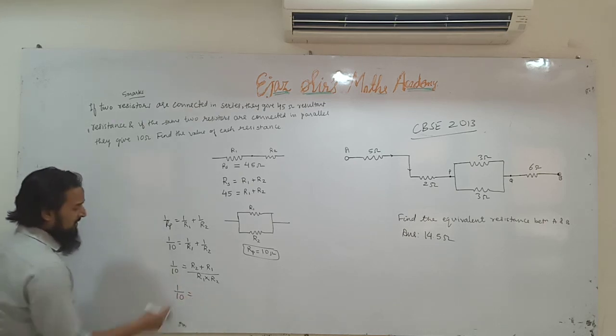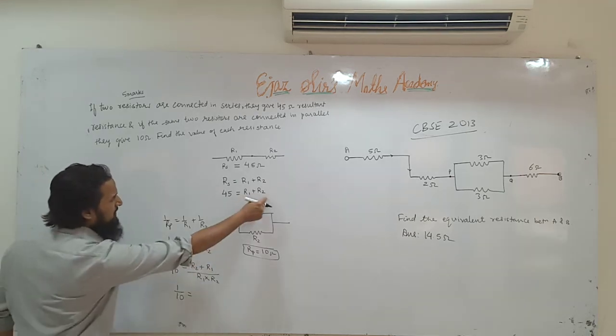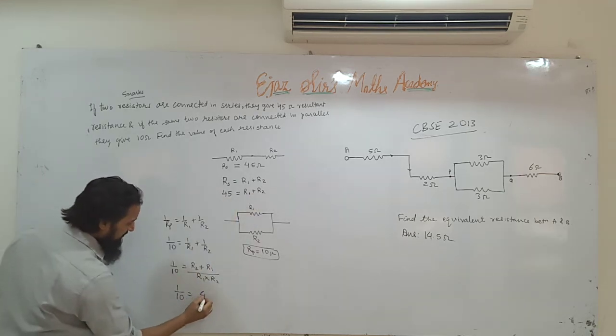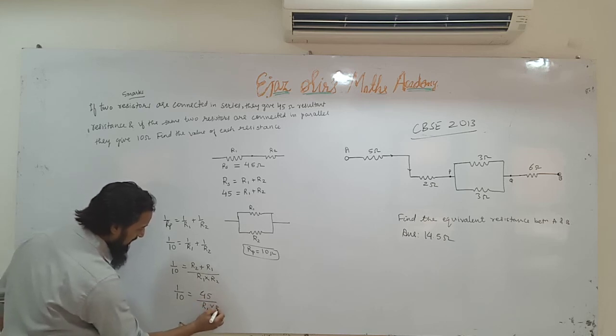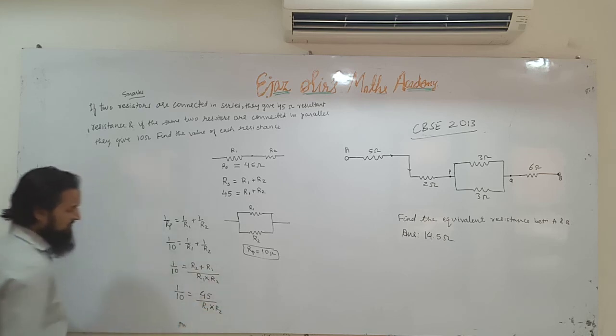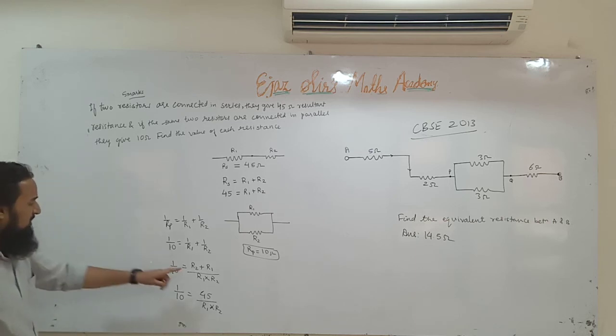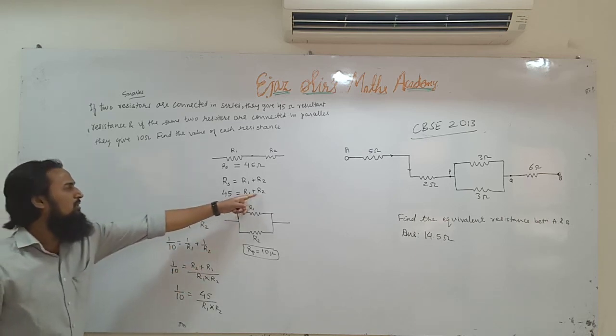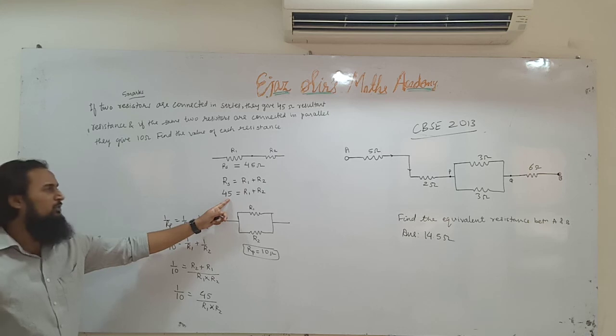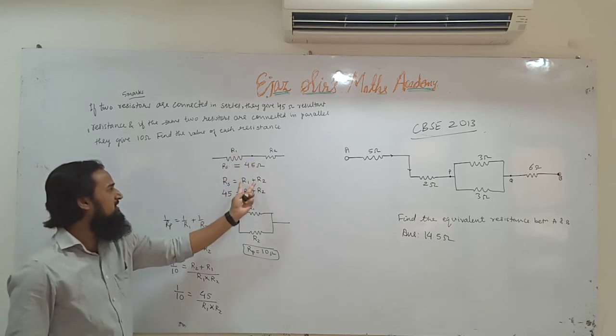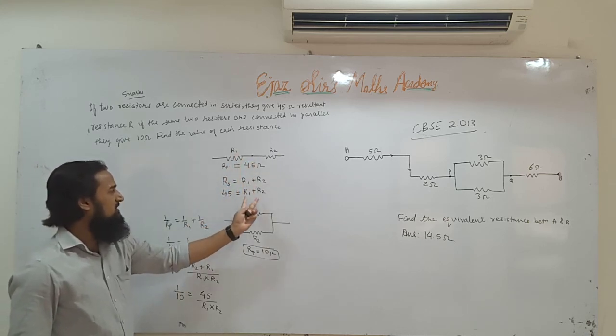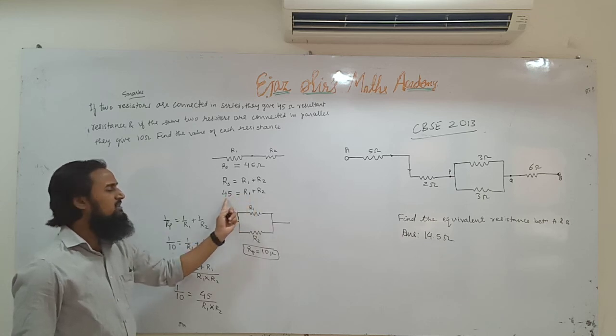It will be R2 plus R1, meaning R1 plus R2. How much is it? 45 ohms. And this is R1 into R2. Understood? R1 plus R2 is already given to be 45 ohm because when resistors are connected in series, the total resistance is always their sum.